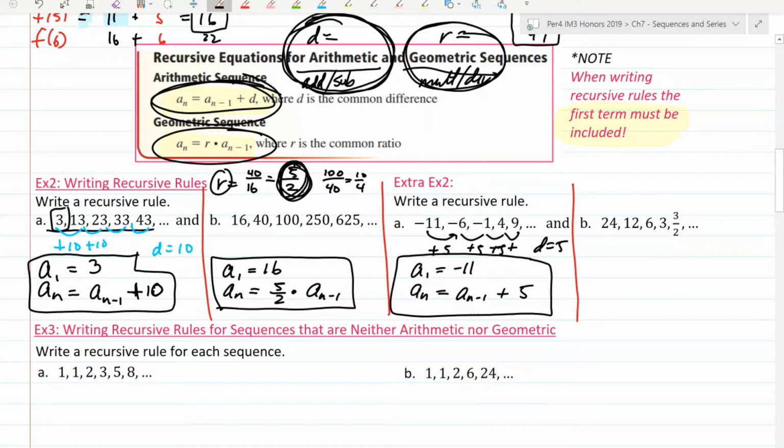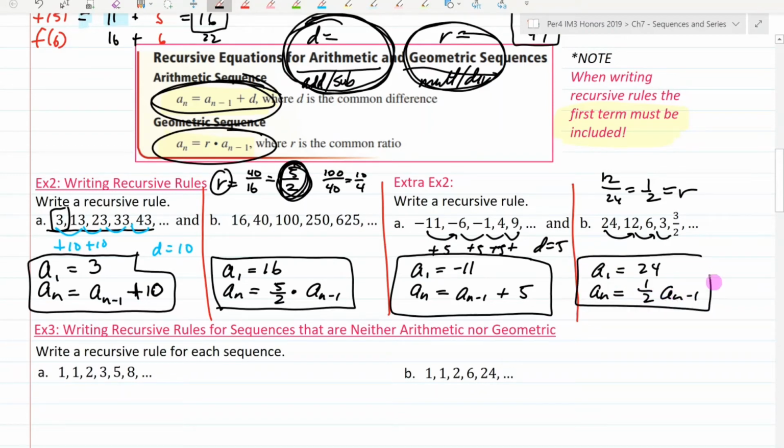For the next one, they're getting half as small every single time. So 12 over 24 is 1/2. So that's R. So the first term is 24. And the rule is 1/2 times the previous term, or the previous term times 1/2 if you want to do it that way.